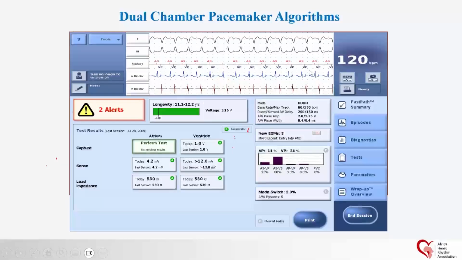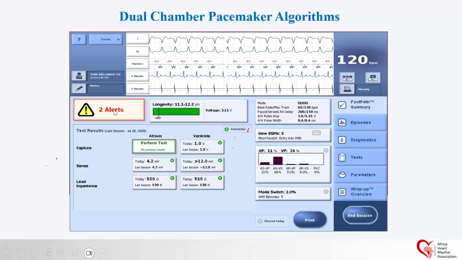Here we have the atrial rhythm, the atrial frequency, or the atrial rate, which means the patient rate. And here we have the patient information that we can introduce during the implantation, and a summary of all parameters.